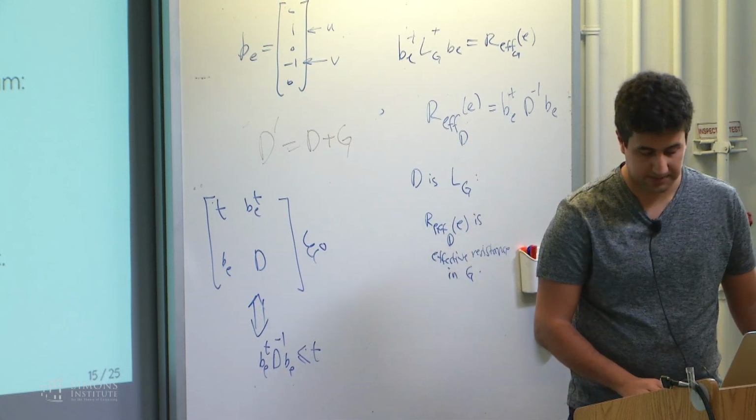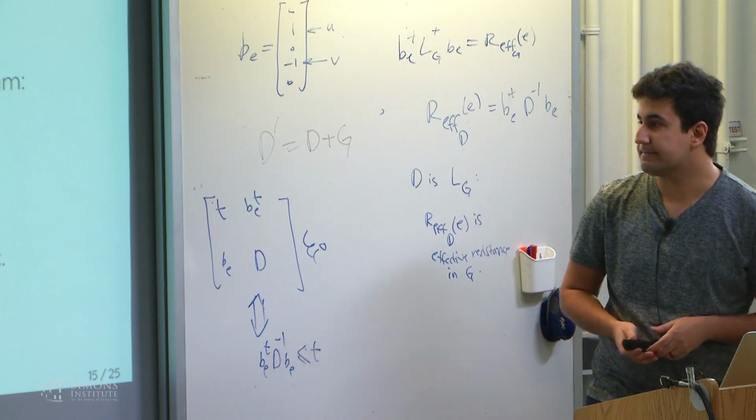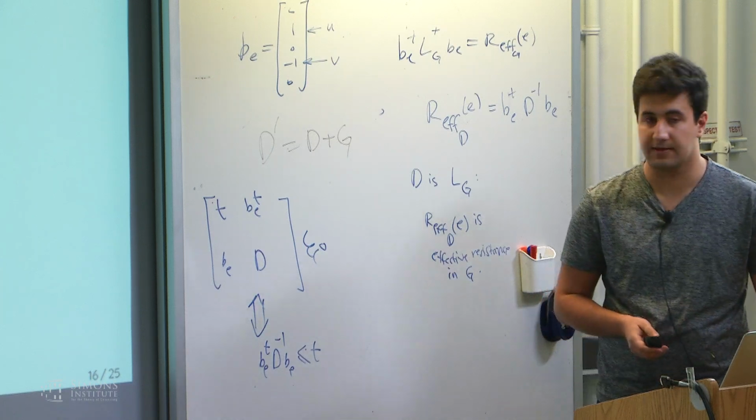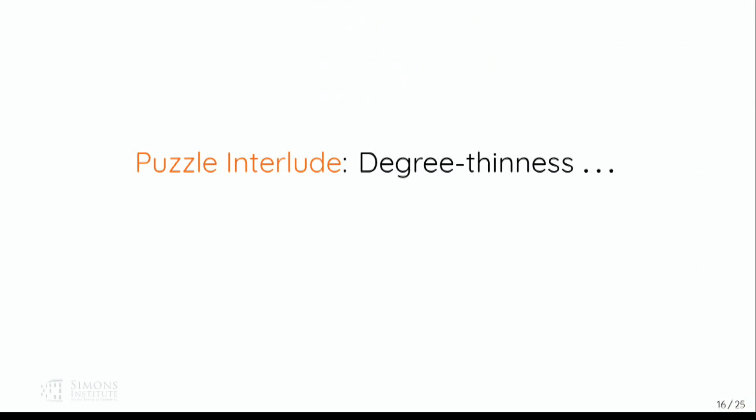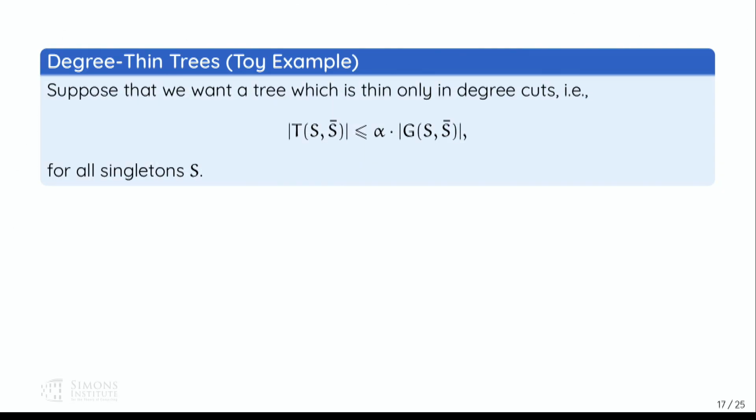All right. So now the question is, how do we analyze this convex program? Can we make sure that such a graph or such a matrix D exists that brings down the effective resistances? Okay. So let me give you a toy example first. Let's say that we don't care about thinness in every cut.